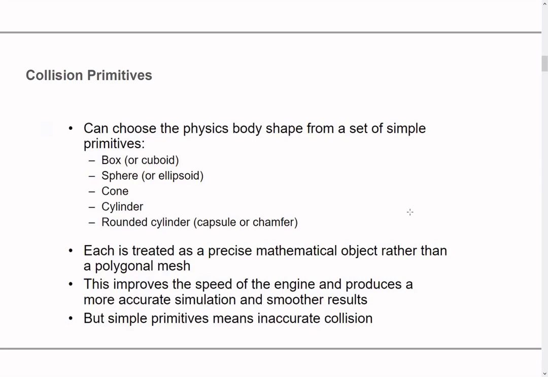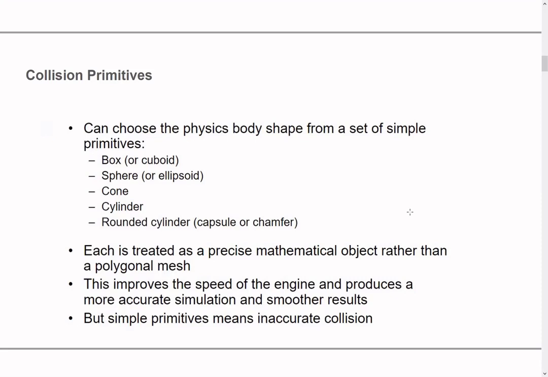Each primitive is treated as a precise mathematical object rather than a polygon. This improves the speed of the engine and produces more accurate simulation and smoother results.